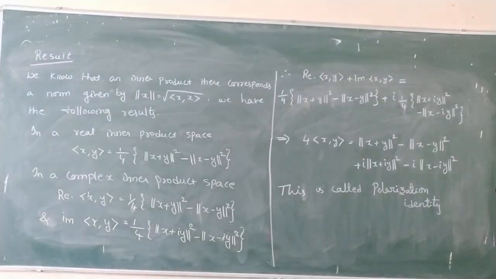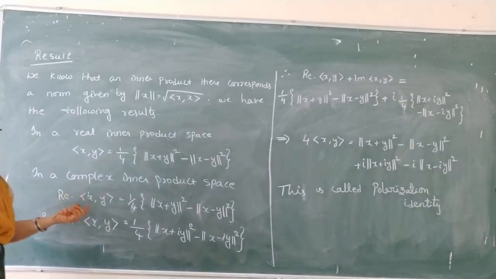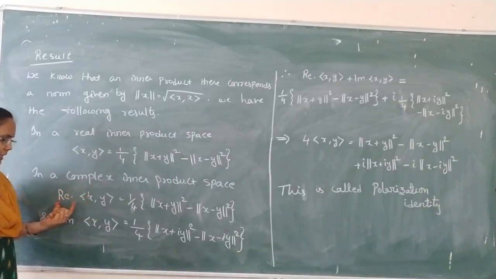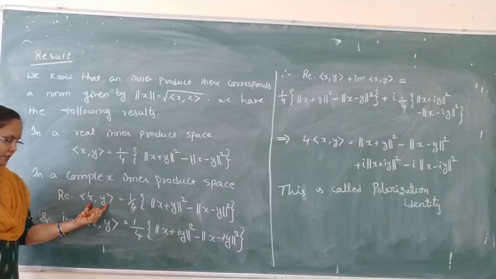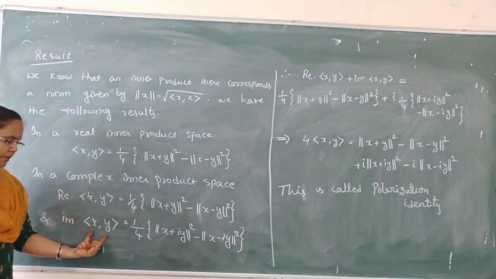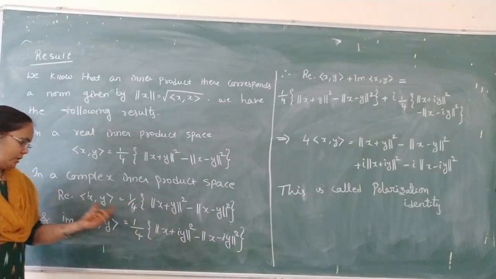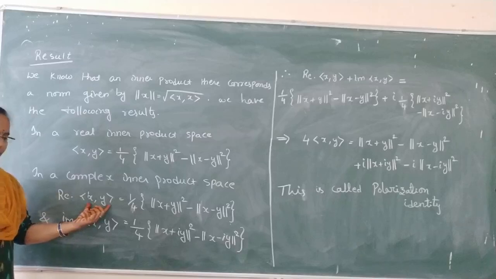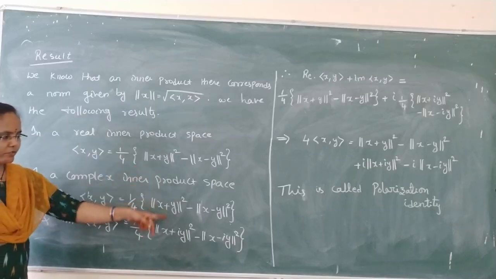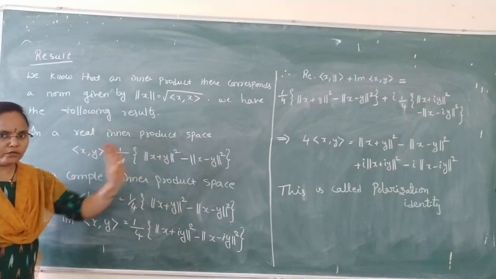norm x plus y whole square minus norm x minus y whole square. Similarly, in a complex inner product space, where elements are complex, the real part of the inner product x comma y is equal to 1 by 4 of the same thing, norm x plus y whole square minus norm x minus y whole square.